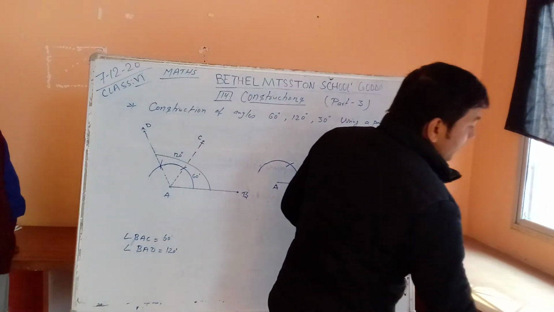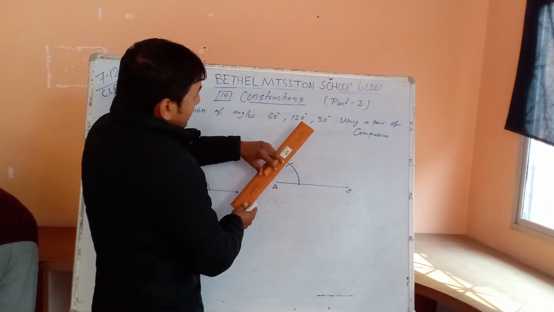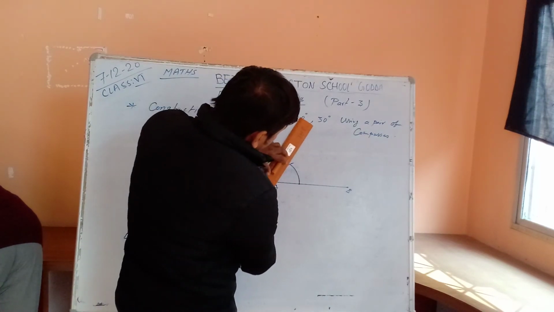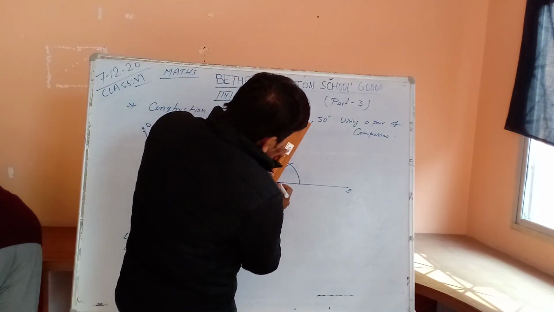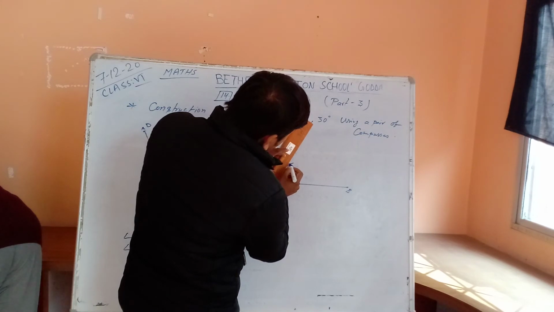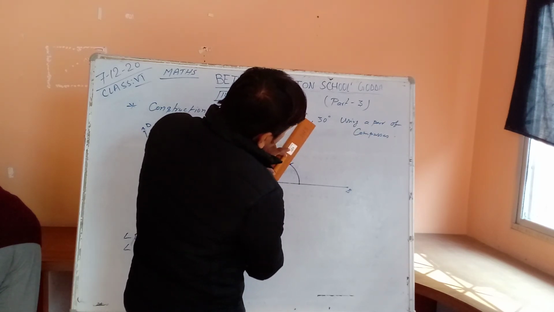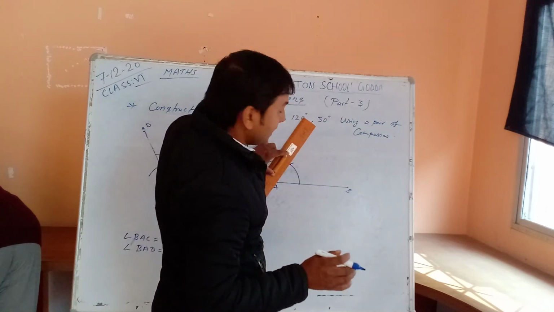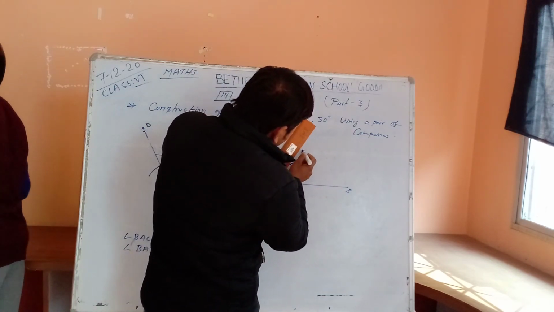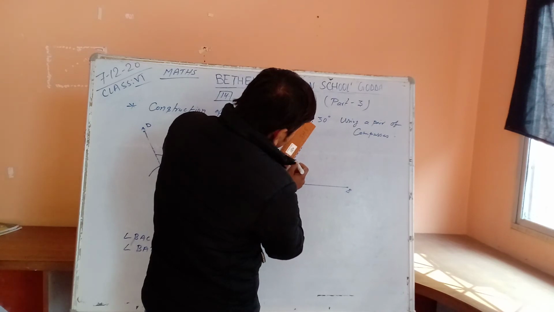Now we draw a line through these 2 points, but the question says to draw 30 degree, so we have to draw it as a dotted line.